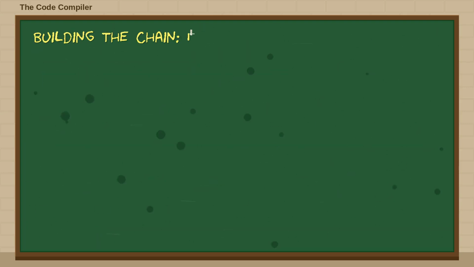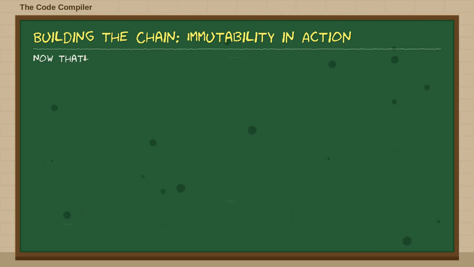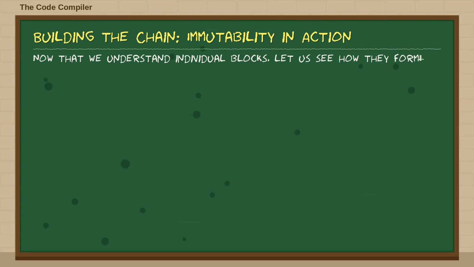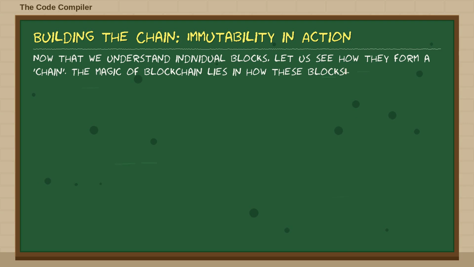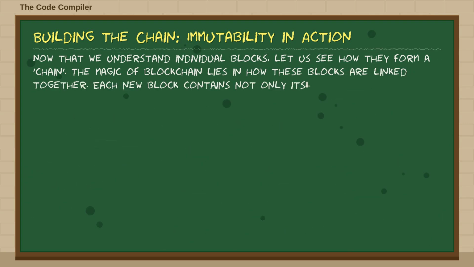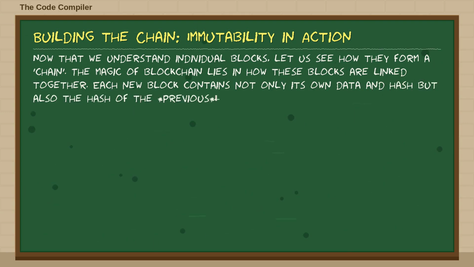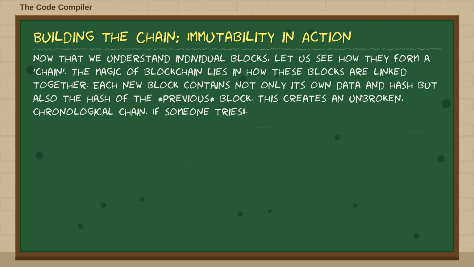Now that we understand individual blocks, let us see how they form a chain. The magic of blockchain lies in how these blocks are linked together. Each new block contains not only its own data and hash but also the hash of the previous block. This creates an unbroken, chronological chain.